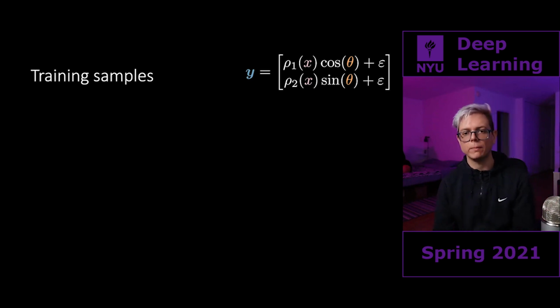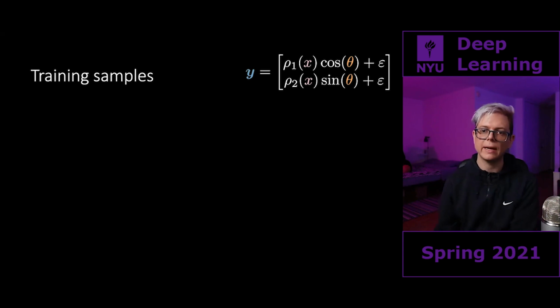So x we may have access to, and theta we don't. And then I add some noise, epsilon. Similarly, the second component of the vector y is rho2, another function of x, multiplied by the sine of theta, a variable to which we don't have access, plus epsilon. Cool.